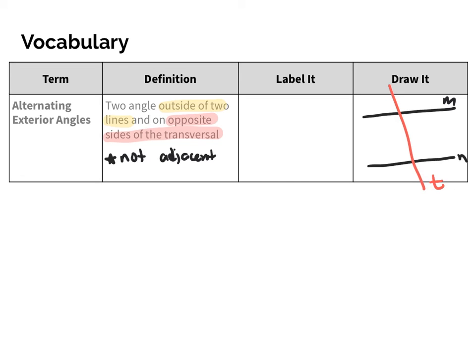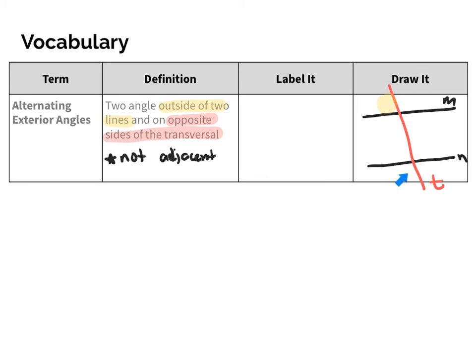So for example, if I were to just choose, let's say, this angle right here in the top left, okay, that is an exterior angle because it's not between the lines, it's on the outside. Now, alternate does not mean the one next to it. I can't have an adjacent angle. So what I'm going to do is I'm going to have to go to the other two exterior angles by line N. So again, below N, because it can't be in between, so it's got to be below, I have these two choices.